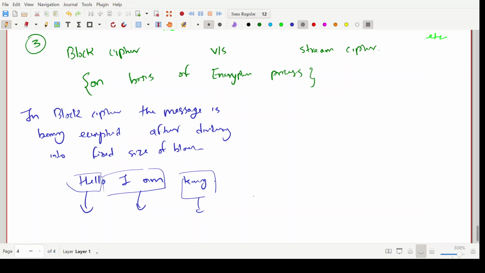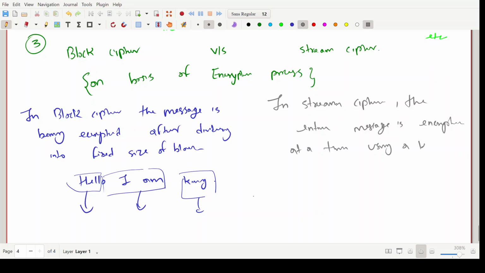Whereas in stream cipher, the entire message is encrypted at a time using a key stream.